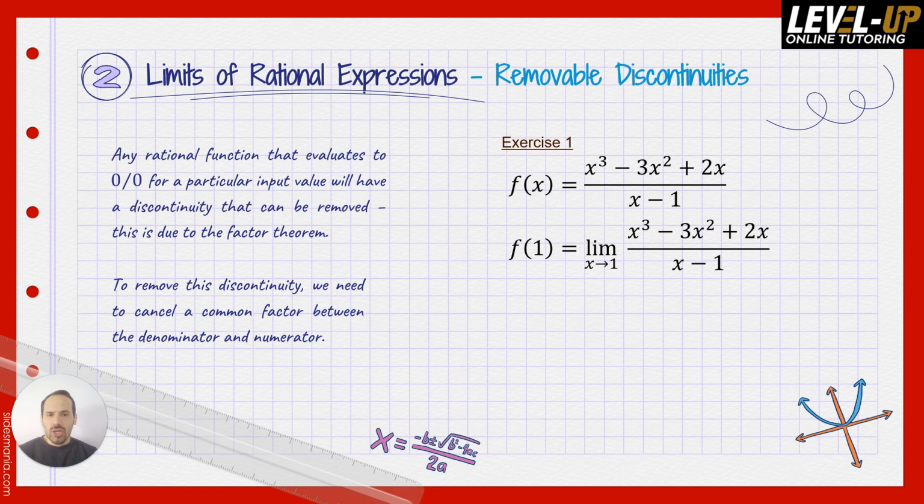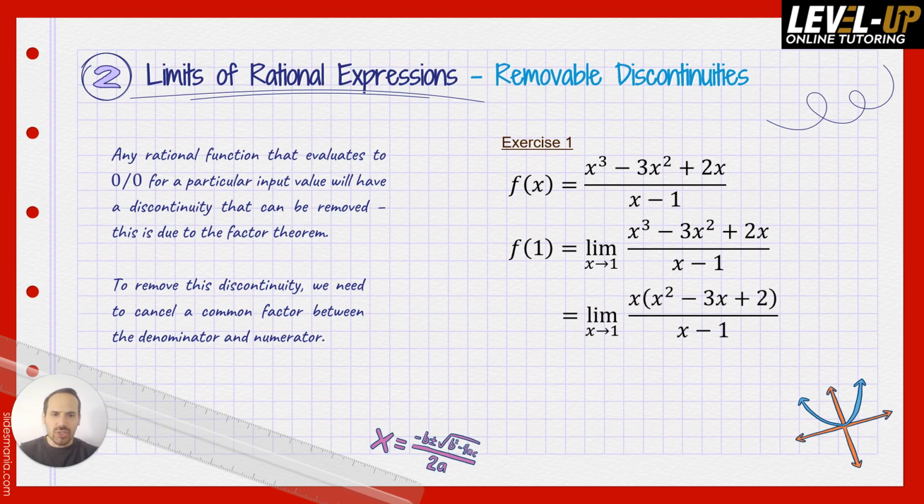So we're going to try and find the limit as x goes to 1 and see, does that go to positive or negative infinity? Is there any algebraic manipulation we can do to remove this discontinuity, or is it just not possible to remove?